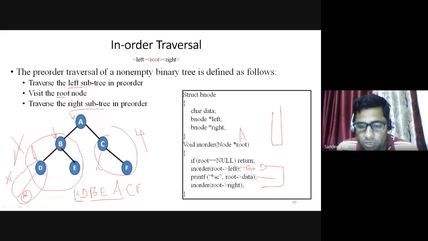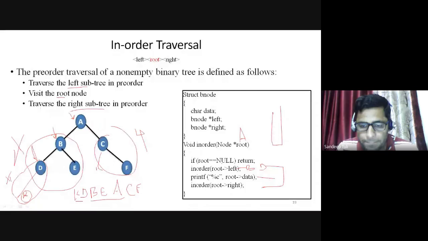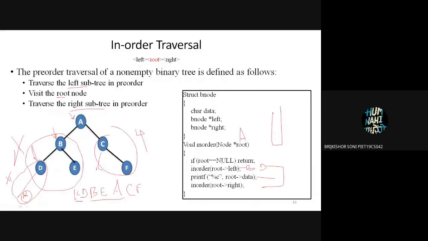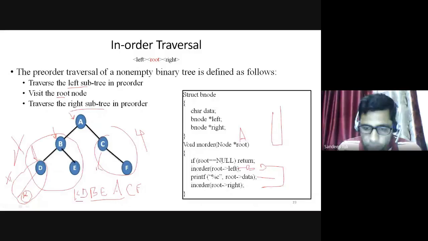In-order B was called. Sir, your voice is not clear. First of all in-order, yes, is it okay now? Yes sir. Okay sir. So now first of all it is called for the A root node. We are checking if root is null. No, root is not null, so we are not returning.